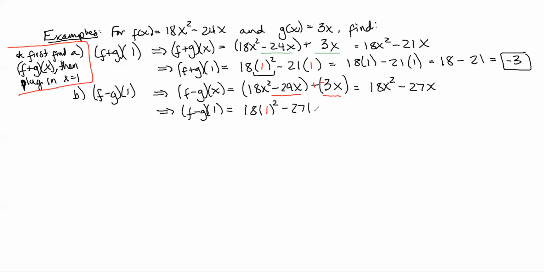And then simplifying this down, 1 squared is 1, so we have 18 times 1 minus 27 times 1. And so 18 times 1 is 18, 27 times 1 is 27. So we have 18 minus 27 gives us a negative 9. So f minus g of 1 is negative 9.